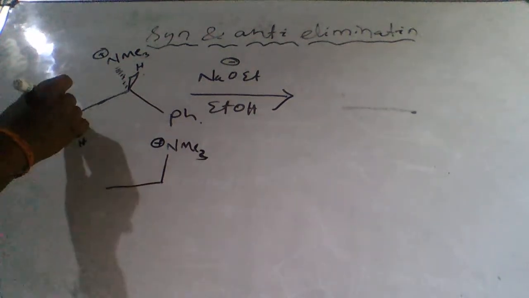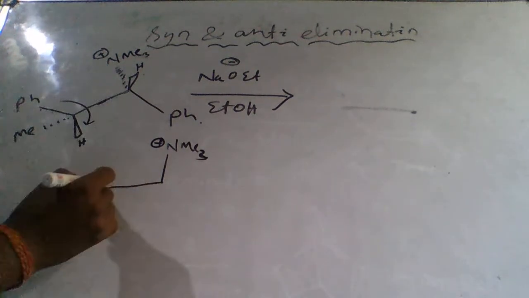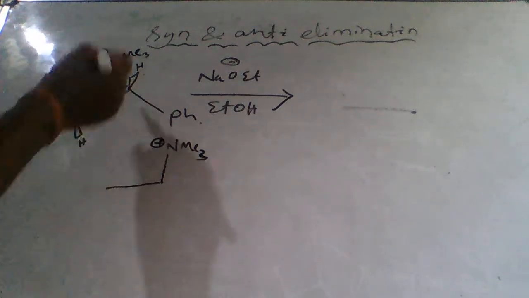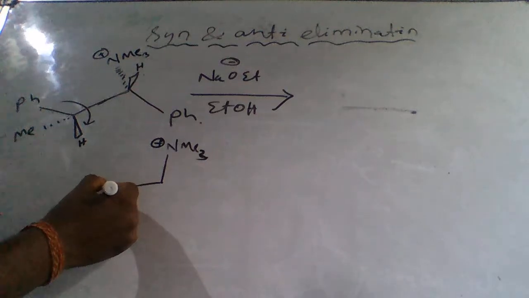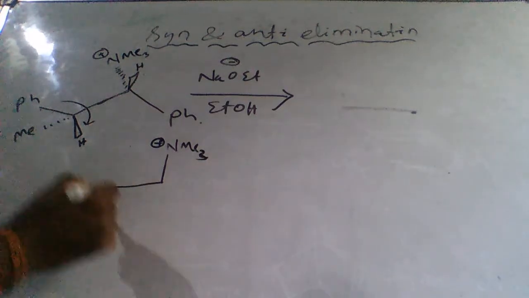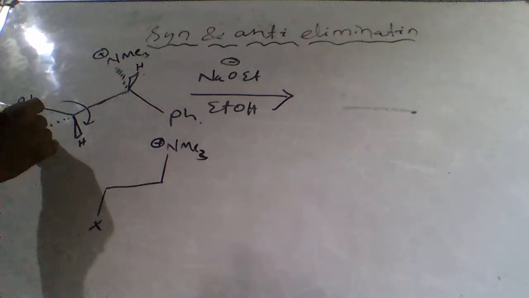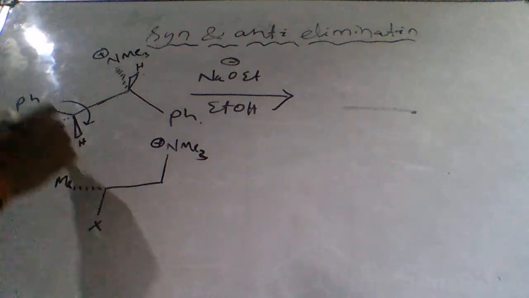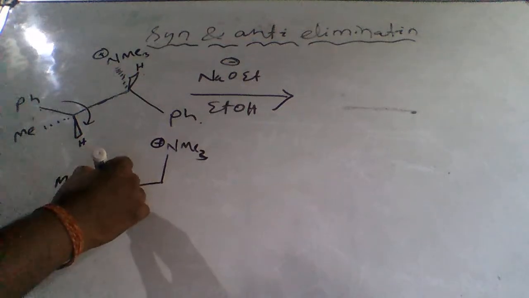We rotate this bond first, then take this, which is already above the plane, to the plane, and this bond will go downward, and this phenyl group will be above.